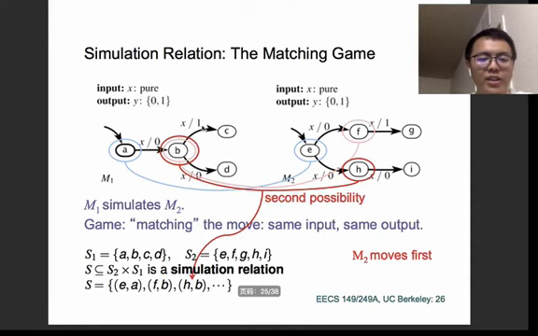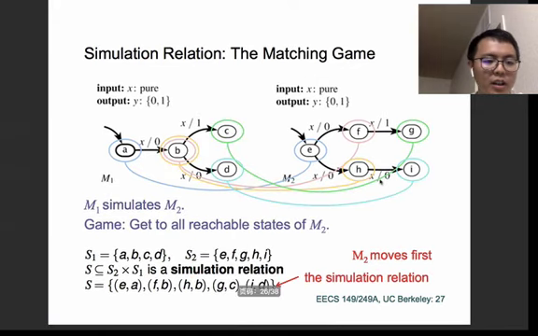And also we can see the second possibility. It does match. Then we have to consider the final states: the only thing M2 can do is stay, and M1 can do is start.